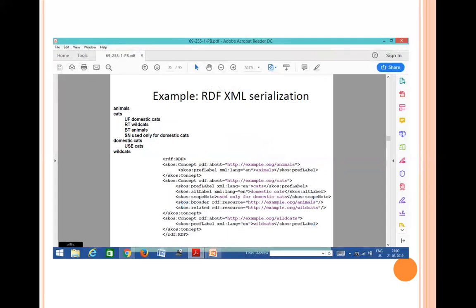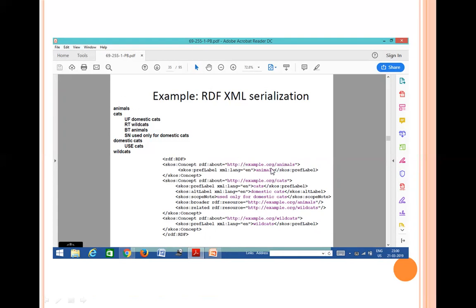Fine. The same thing can be converted into RDF XML format also. So you can see here how the same thesaurus entry is converted into RDF XML format. Here, a concept is a web resource. So this is the resource you are describing. What is the preferred label? Animals. Okay. The first concept is animals. The entire thesaurus structure is going to be converted into RDF XML format.